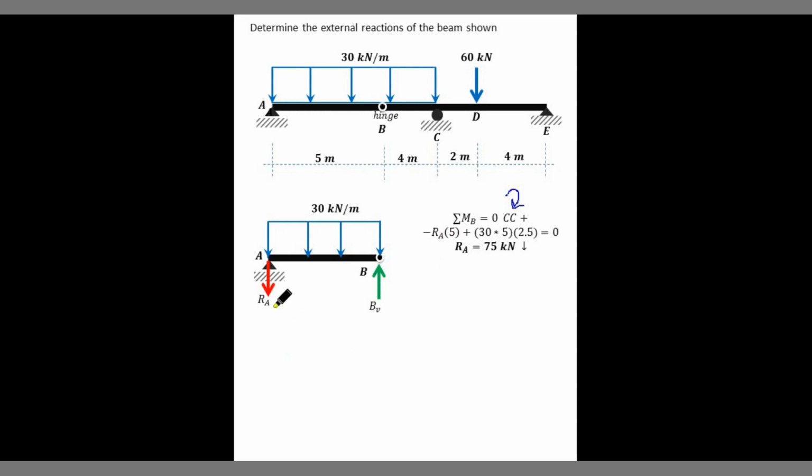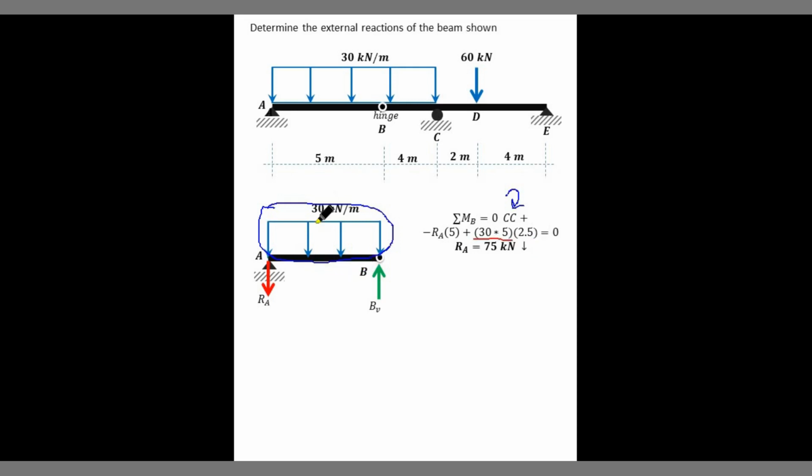The moment arm, or the distance from A to B, is 5, then this is a uniformly distributed load. Since this is a uniformly distributed load, I have to take the area of this load, which is equal to 30 times 5.